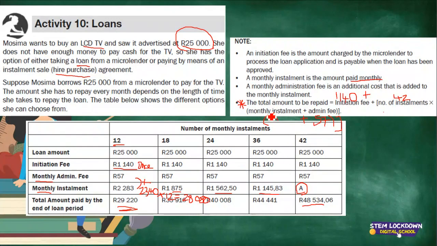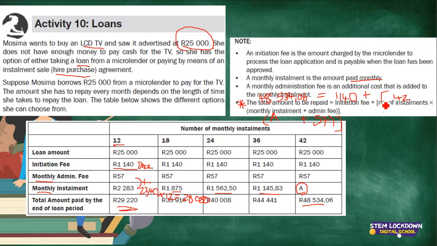So in line with the substitutes, 8,534.06. And all you do is solve for A. I've helped you a lot. So now all I need you to do is to solve for A.